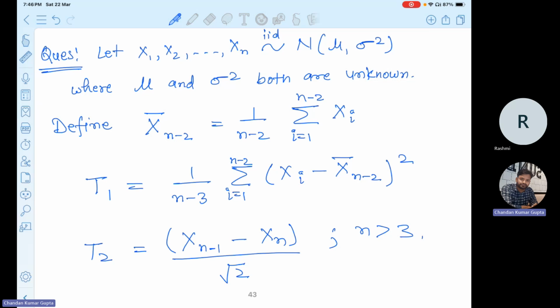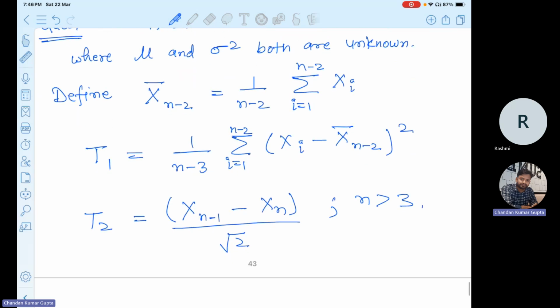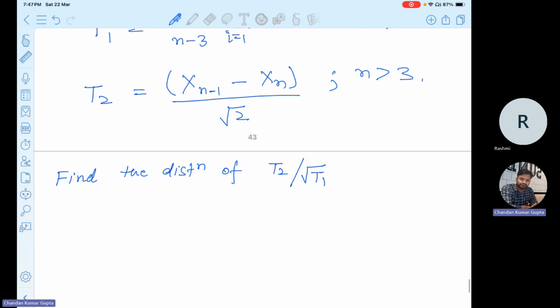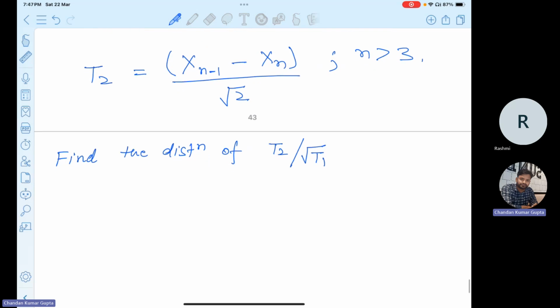And another statistic T2, which is (x n minus 1 minus xn) divided by root 2, for n greater than 3. Now our aim is to find the distribution of T2 divided by the under root of T1. So let's start with the properties or concepts that we have discussed today.